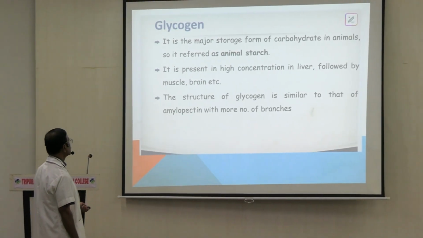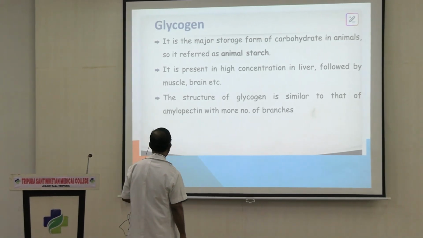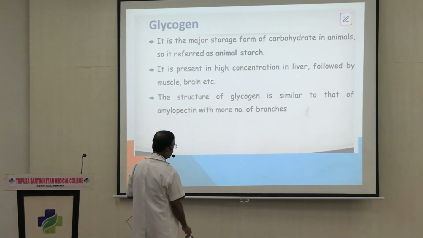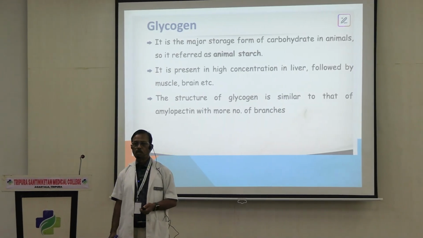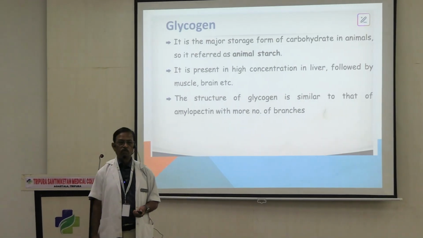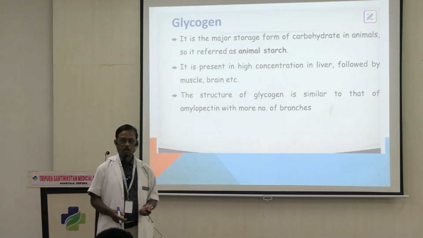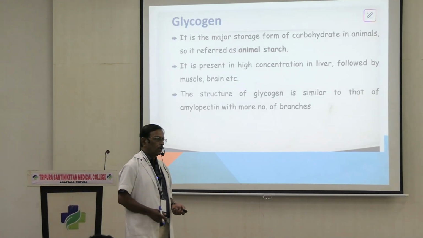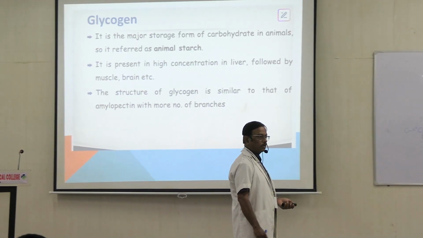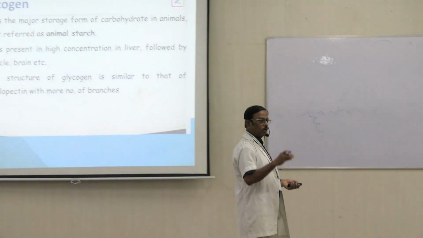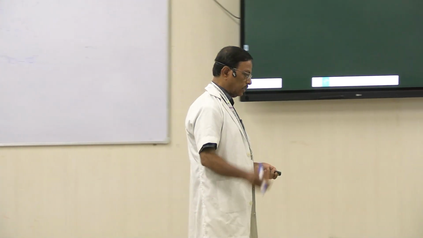Glycogen is animal starch, present in high concentration in the liver, followed by muscle and brain. Altogether, approximately 450 gram of glycogen is stored in the body, and it is responsible for immediate energy production. Whenever you fast, within a few hours, you will need blood sugar to be maintained in the normal range for providing energy.